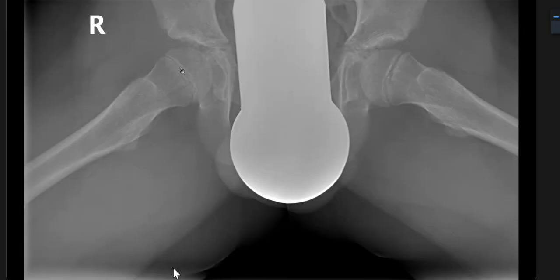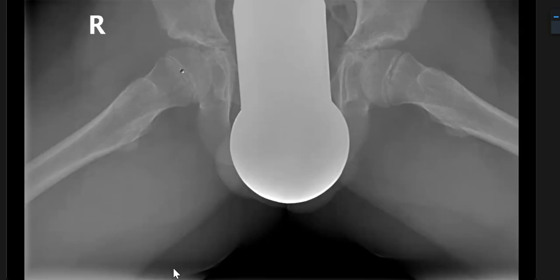There is no evidence of any femoral head sclerosis or abnormality, and no evidence of any metaphyseal extrusion. So findings are in keeping with the early stage of slipped upper femoral epiphysis.